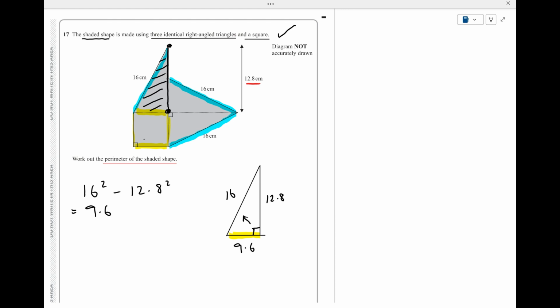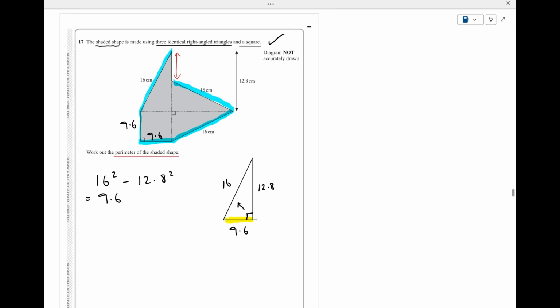Right, so I know 9.6 and I know 9.6, right? So now, can I find the perimeter now, I wonder? Let's rub out all this and let's see what I know and what I don't. Can I walk around the shape? Actually, I'll walk from here. Yes, yes, yes, yes, yes, no. Now, what is that shape?